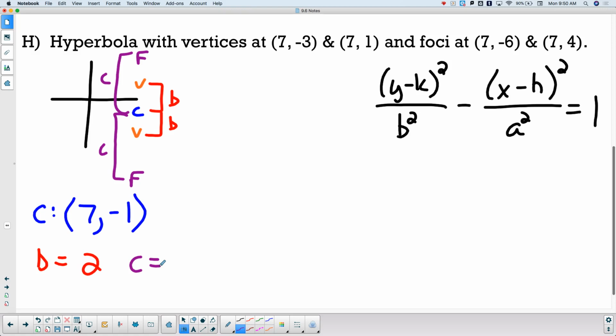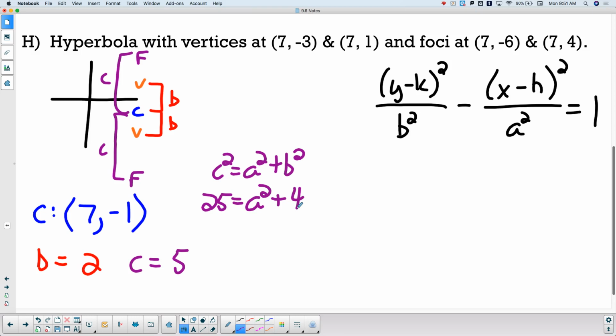Distance from negative 1 to 4 or negative 1 to negative 6? 5. c squared is going to equal a squared plus b squared because we're a hyperbola. So 25 is going to equal a squared plus 4.